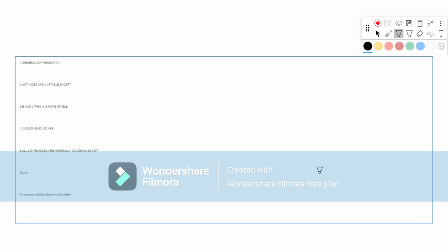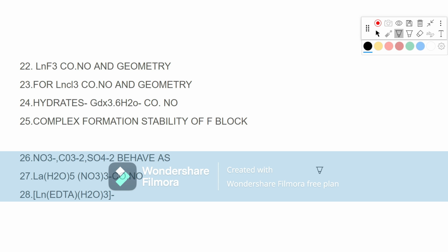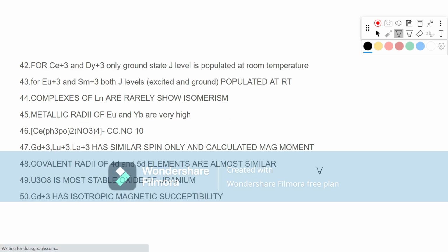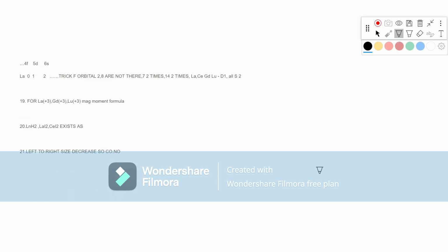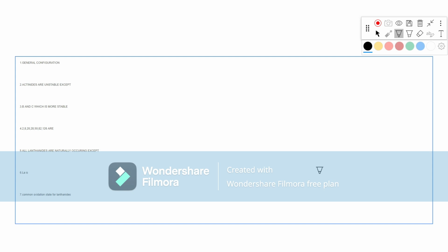So these are the slides. Totally, if you see, 57 points are there. If we discuss these 57 points in a detailed manner, this is more than enough. You don't need to revise anything. So let us start. The first one is the general configuration of F block elements.